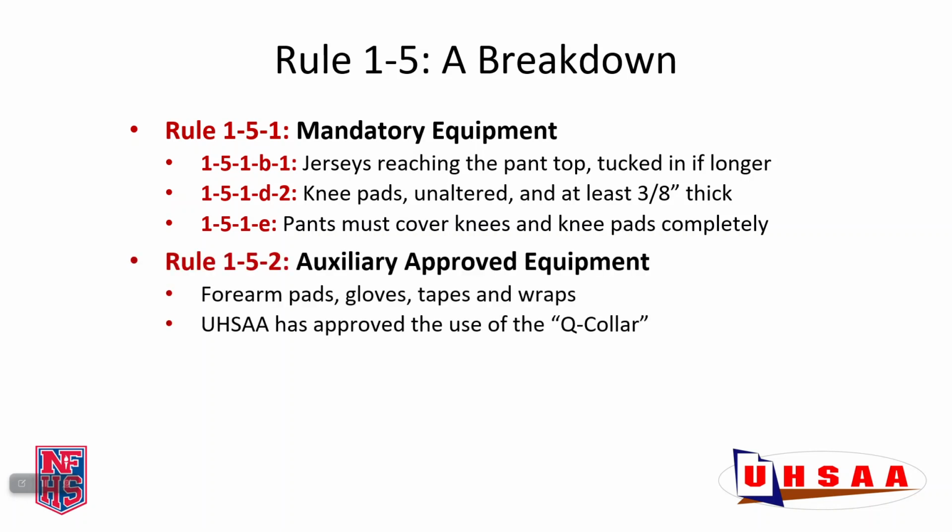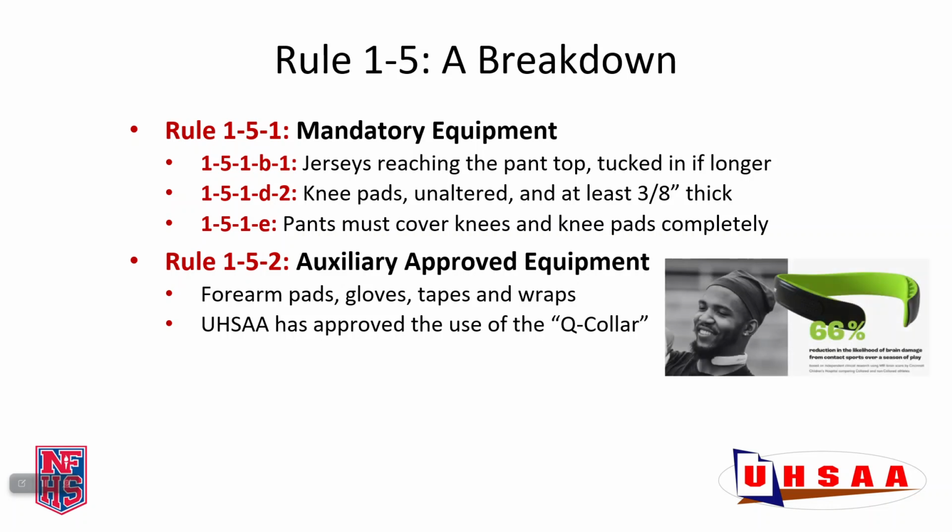Second, we have auxiliary approved equipment. This includes forearm pads, gloves, tapes, wraps, and braces that are approved to be auxiliary equipment with the proper use and mandated safety precautions. In addition, the UHSAA has approved the use of a device called the Q collar. This is a collar that's worn around the neck. It is made of plastic, and it is designed to reduce the impact of traumatic head injury and traumatic brain injury.